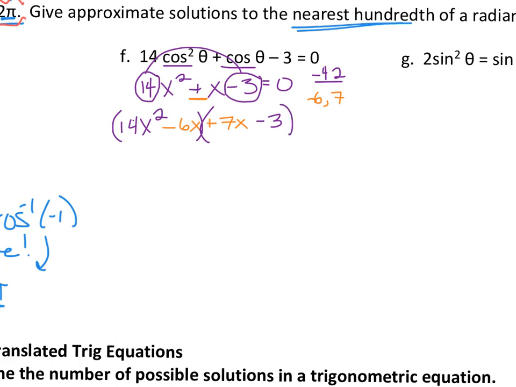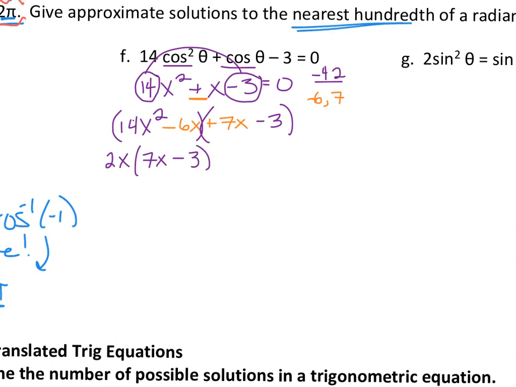Now in that first parenthesis, 14x squared minus 6x, we could factor out a 2 and an x from both of them. If we take 2x out of 14x squared, we'd have 7x left over, minus, if we take 2x out of 6x, we'd have 3 left over.